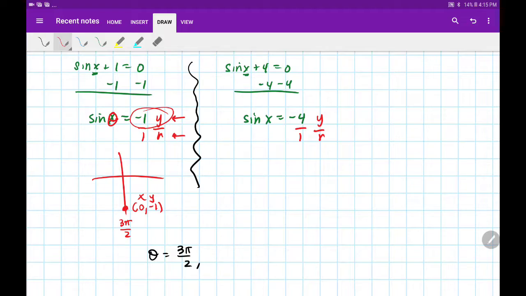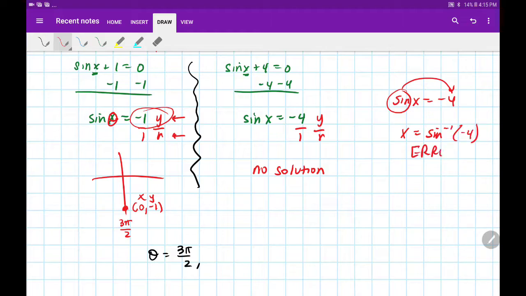Now, I am going to write the answer, and I'm going to challenge you to think about why this is the case, okay? The answer from here is actually no solution. Even if you plug this into a calculator, sine x equals -4, you would plug it into the calculator by basically doing x equals sine inverse of -4, and it would say error because this is impossible.